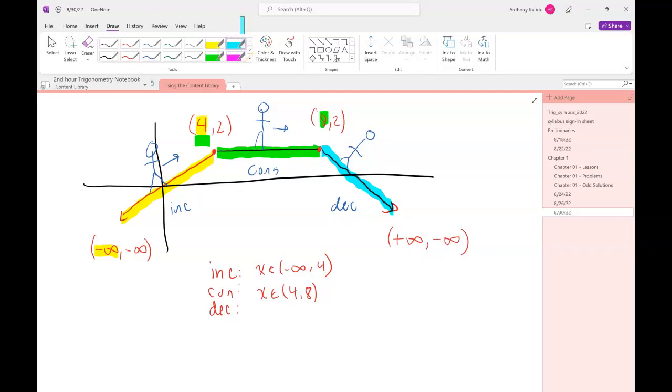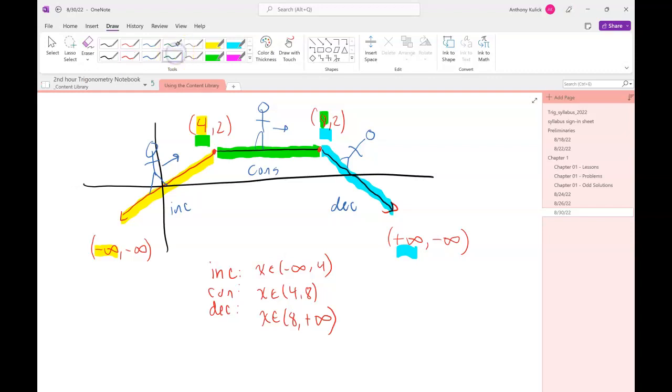So my interval decreasing starts at 8 and ends at positive infinity. You guys feel okay doing this?